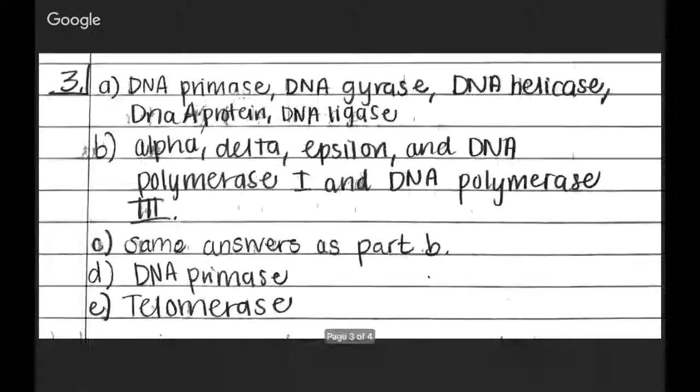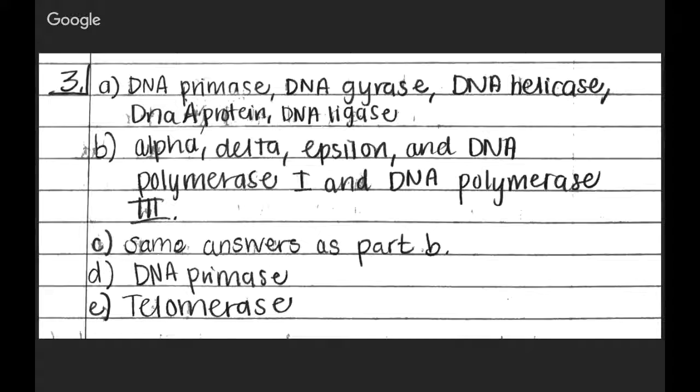Cool. Okay, I'm going to turn this on again for question number 3. So for question number 3, it asks about the enzymes involved in DNA replication. Part A asks to list 5 enzymes that consume ATP during DNA replication, and they can be prokaryotic or eukaryotic.